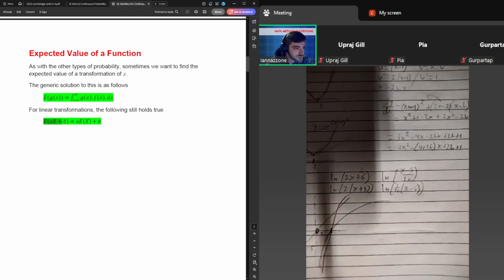Basically, if you have some sort of linear transformation on your expected value situation, then you can use the exact same simplification that was mentioned when we were doing discrete, which is you can factor the a all the way out the front and you let the b be an addition outside. This is an actual factorization. There's a much more complicated proof that proves this is the case. Don't think that you can just take an a out the front and then call it a day. There's a complicated proof that gets from left to right.